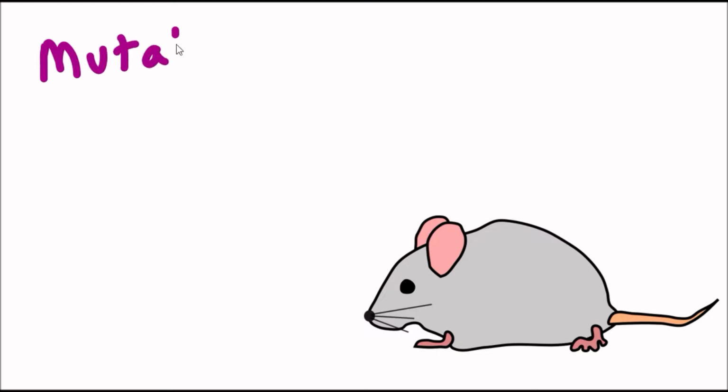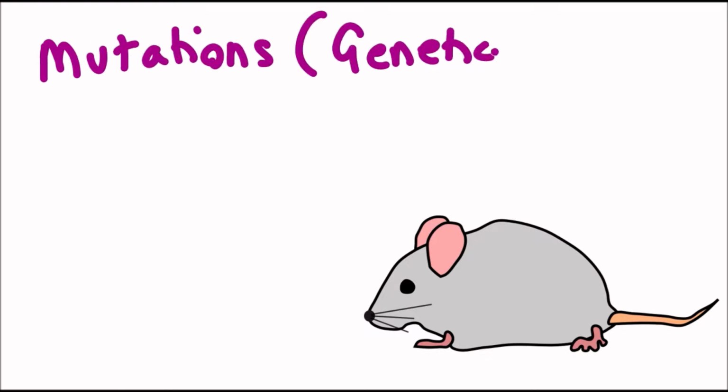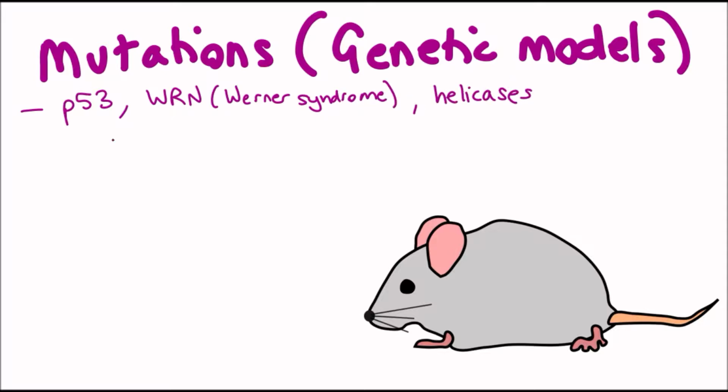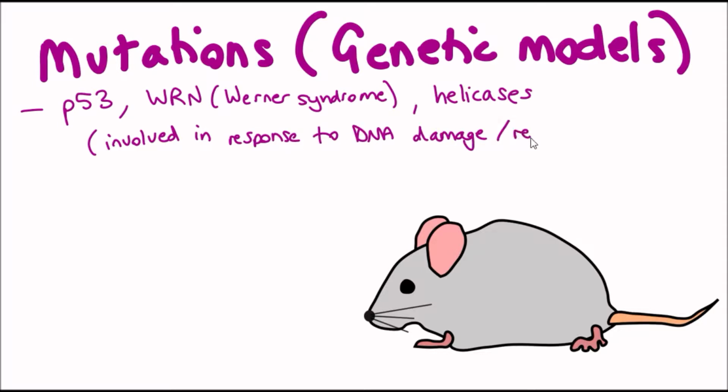And so, using one of our favourite model organisms, the mouse, many genetic models have been created to show the role of DNA instability in contributing to aging. For example, models with mutations in genes for p53, guanine, and other helicases, which are genes involved in the recognition, response, and repair of DNA damage, cause an accelerated aging phenotype in the mice.